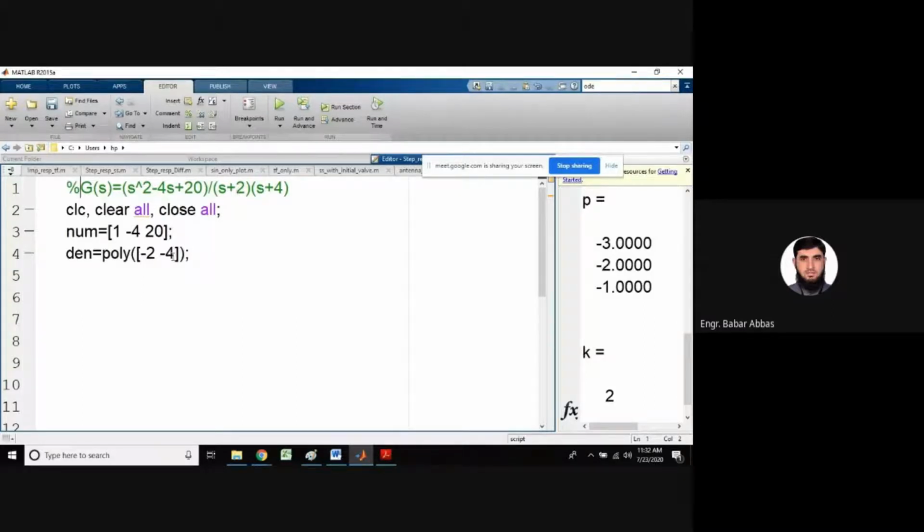Then, for plotting the transfer function, let me write the variable sys that will be equal to tf, transfer function.